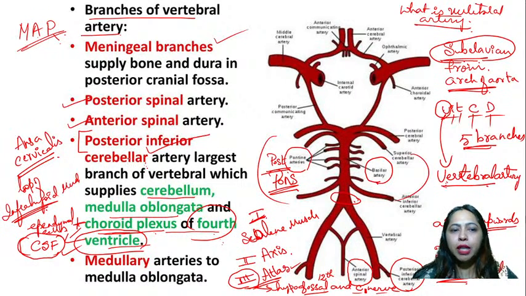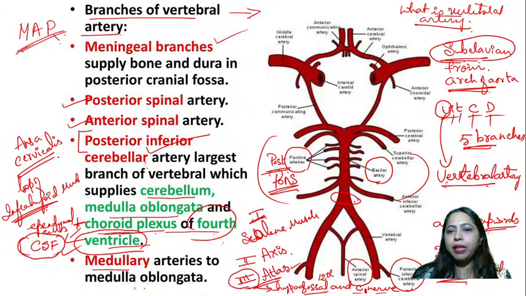Then posterior inferior cerebellar artery. You remember the three important ones. Then there are medullary arteries, which also supply the medulla oblongata. Okay. Next one, you can see that the pontine arteries are present, and then what happens to this vertebral artery?